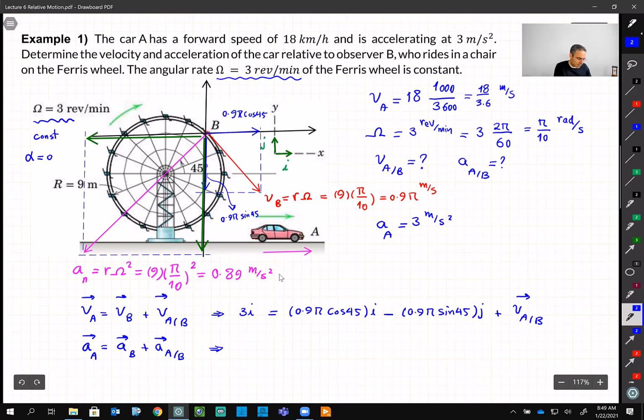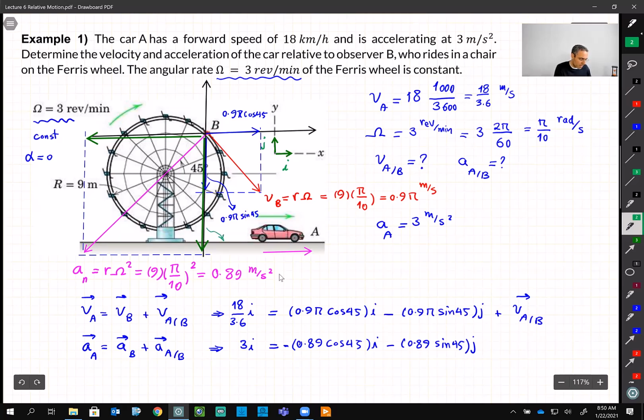What is the acceleration? Oh, I made a mistake, guys, here. Our velocity was 18 over 3.6. Our acceleration is 3I. So AB, we just find it like 89 cosine 45 negative I minus 89 sine 45 J. You see, I'm talking about these two guys, right?